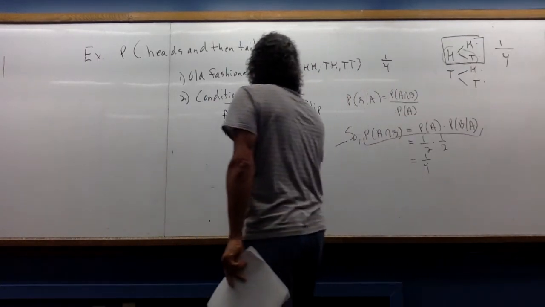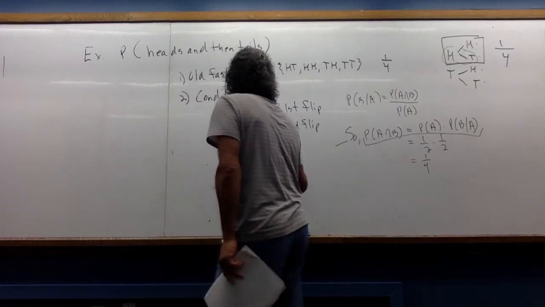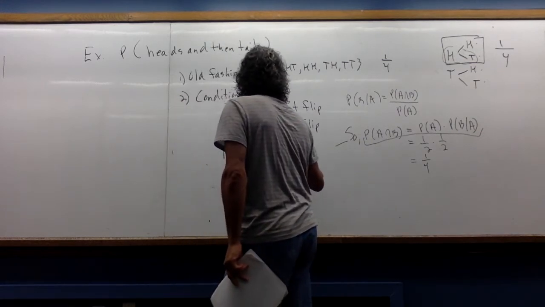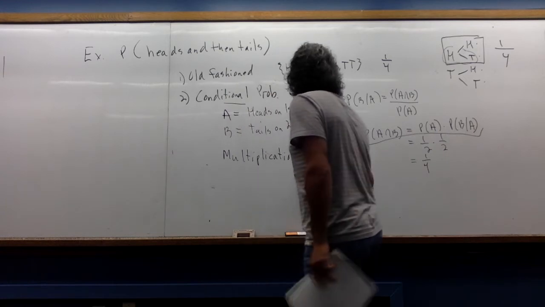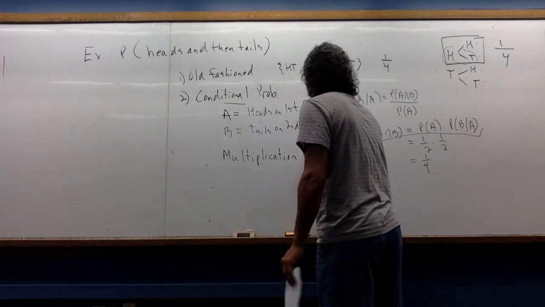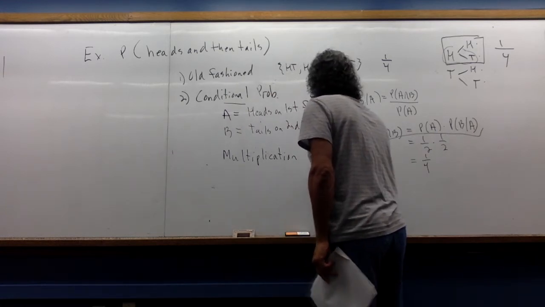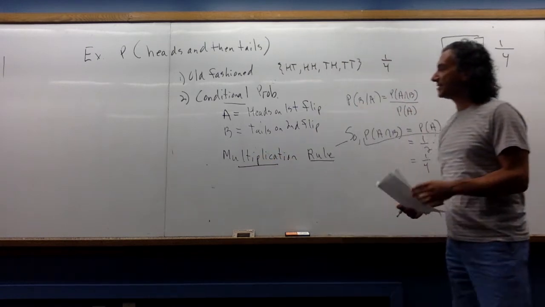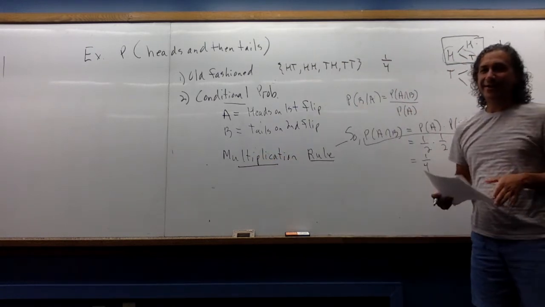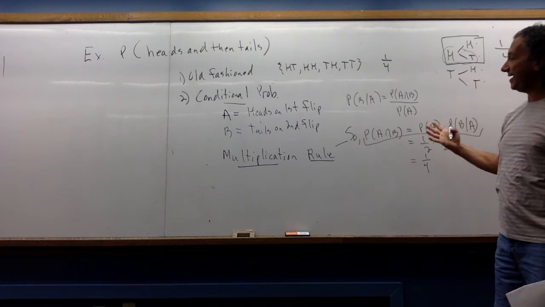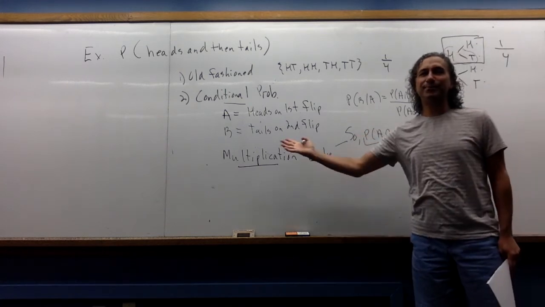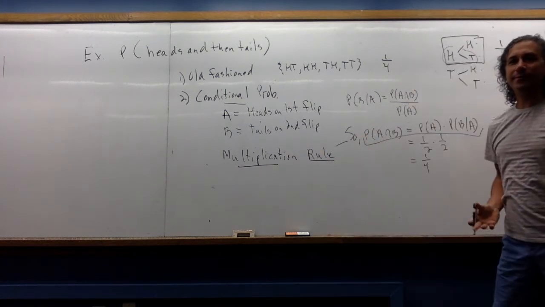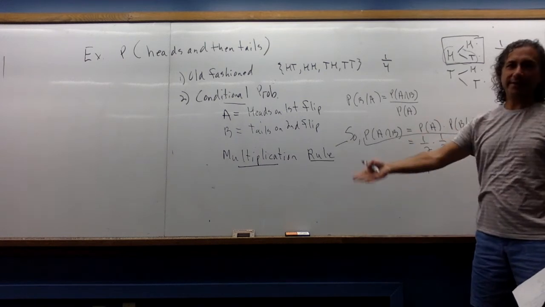is called the multiplication principle. I'm sorry, I was thinking of the principle, and I wanted to say something. This is actually the multiplication rule. So what I was going to say is, hey, we actually talked about the multiplication principle. That's where we were dealing with the tree and counting things and multiplying.